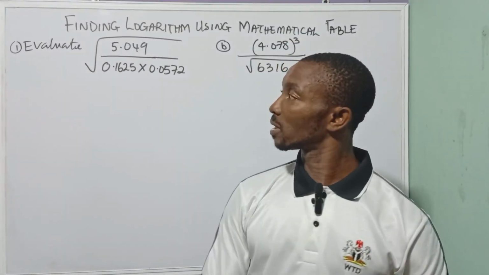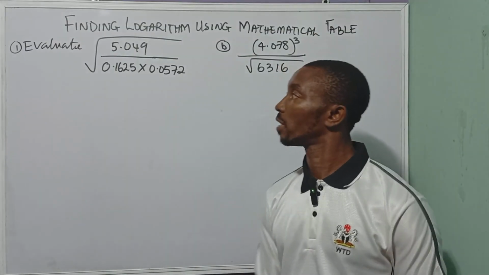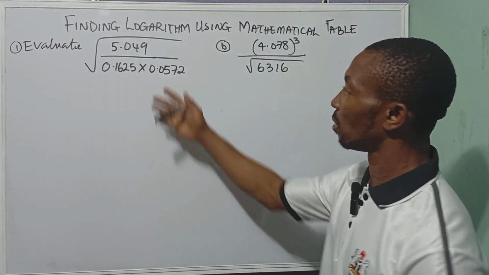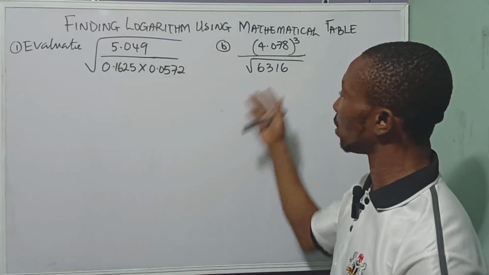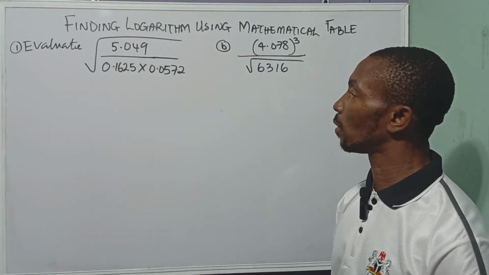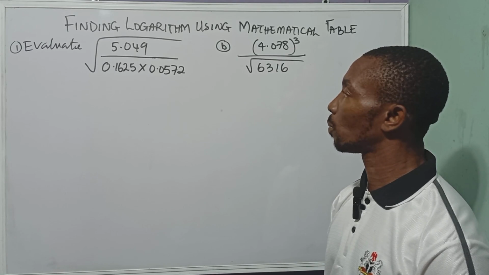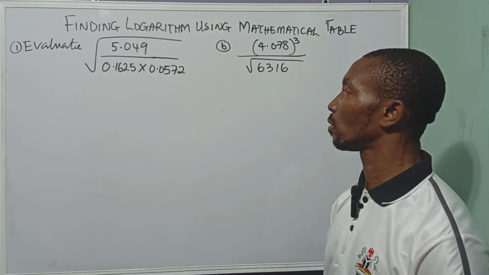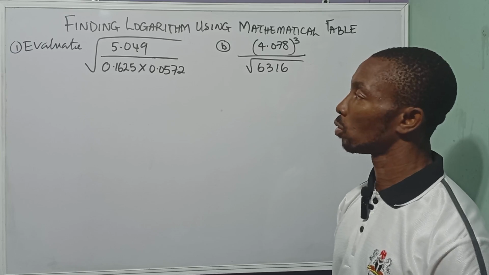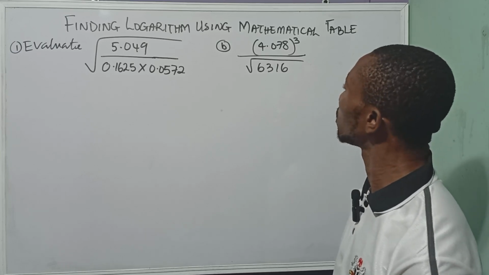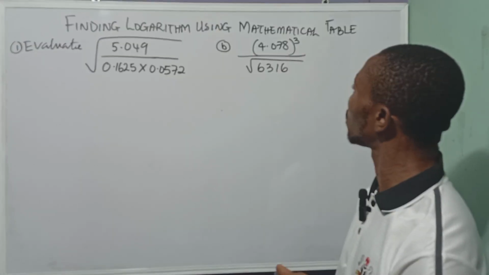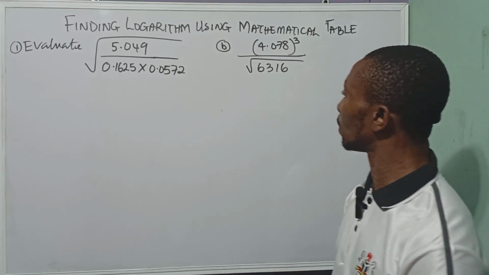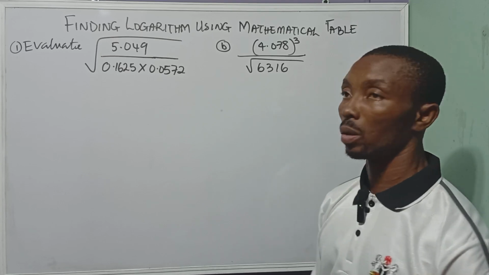Alright, looking at our next set of examples, it says evaluate A: 5.049 divided by 0.1625 times 0.0572, all roots. And B says 4.078 raised to power 3 divided by root 6316.